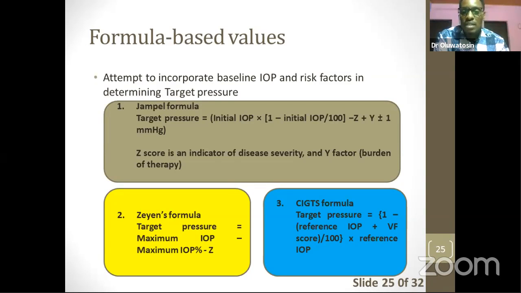We have the Jampel formula, which took into consideration the disease severity and also the burden of the therapy. For this particular formula, there was an initial one and also a modified formula. And the target pressure is gotten from the product of the initial intraocular pressure.